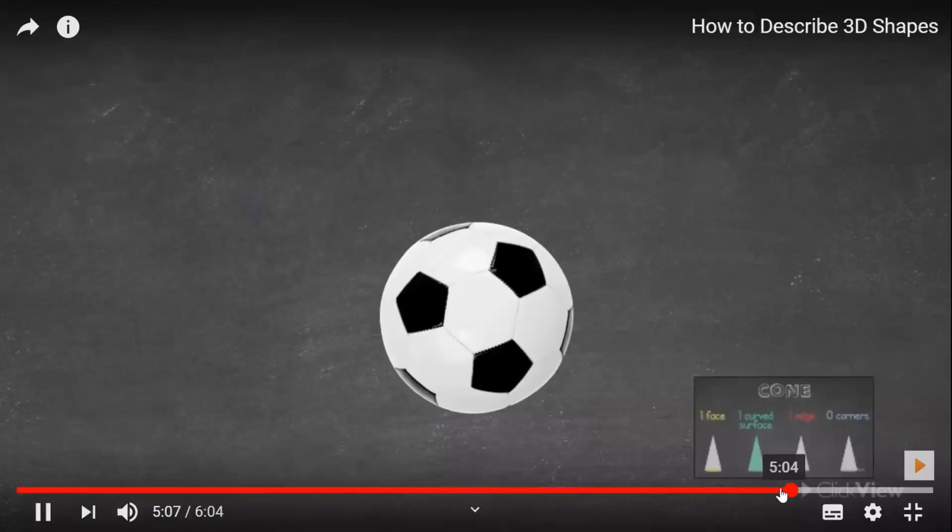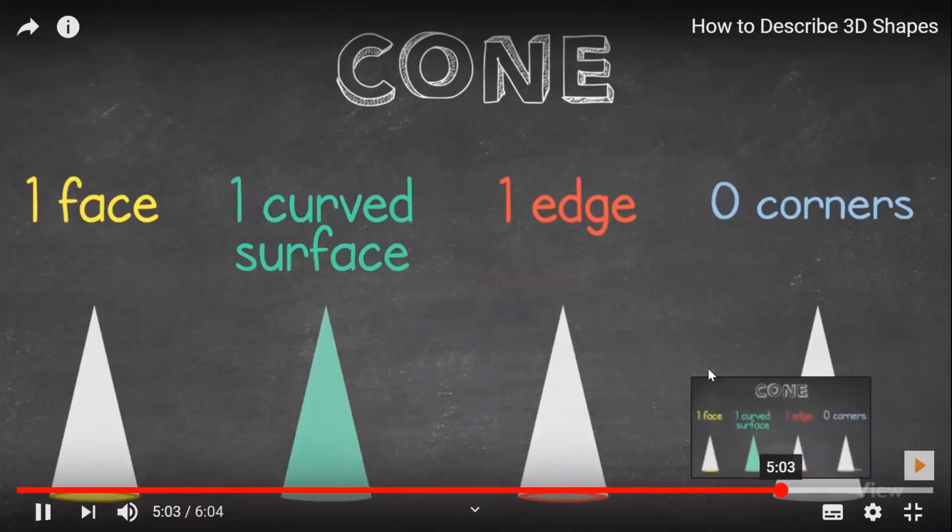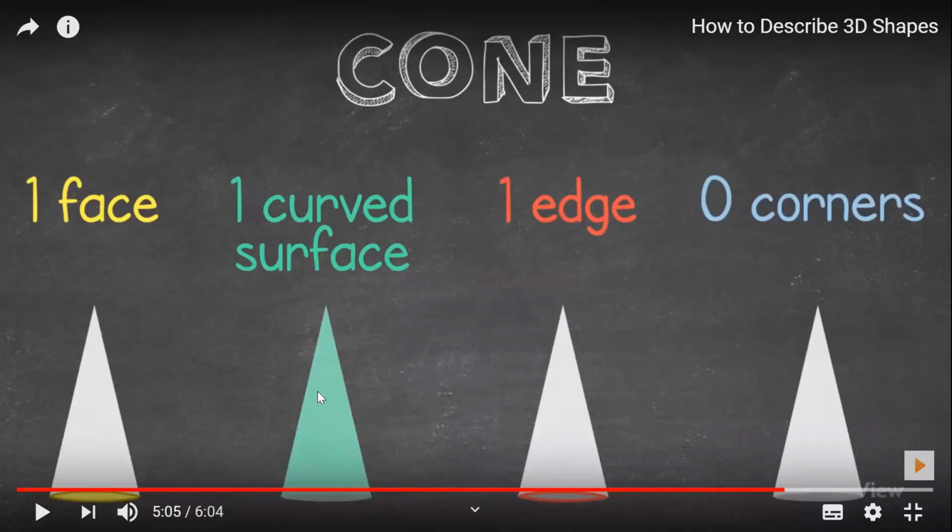So this shape, which is like the ice cream cone, we call a cone. A cone has just one face, one curved surface, one edge, and no corners.